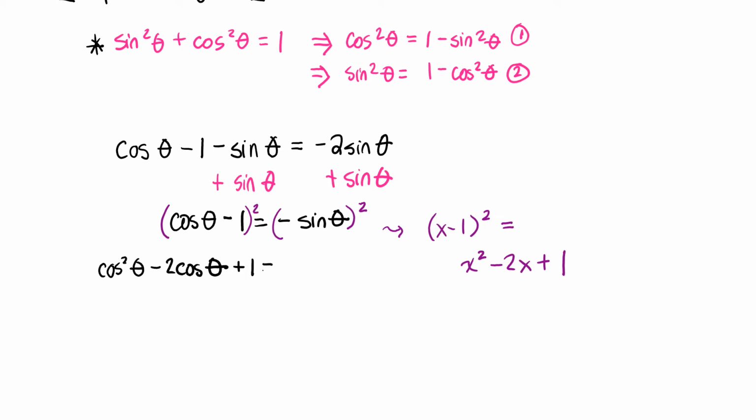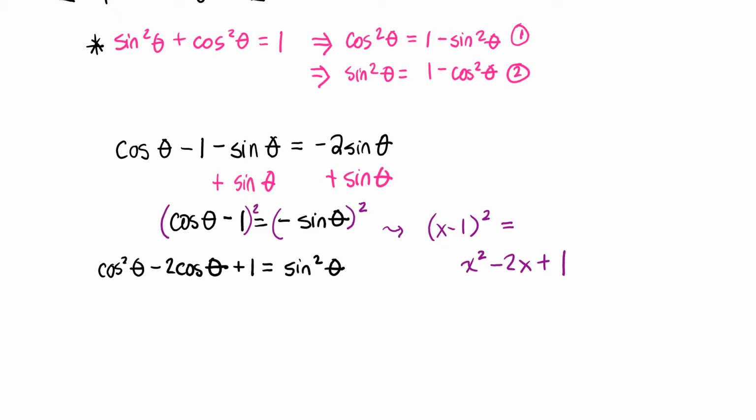So it'll be plus 1. And negative sine theta, when we square it, we have a nice outcome, because when we square a negative, the negative goes away, and we get just sine squared theta.